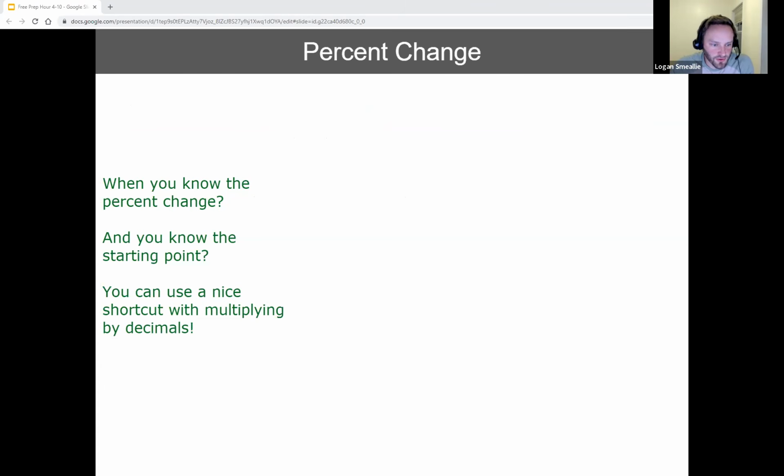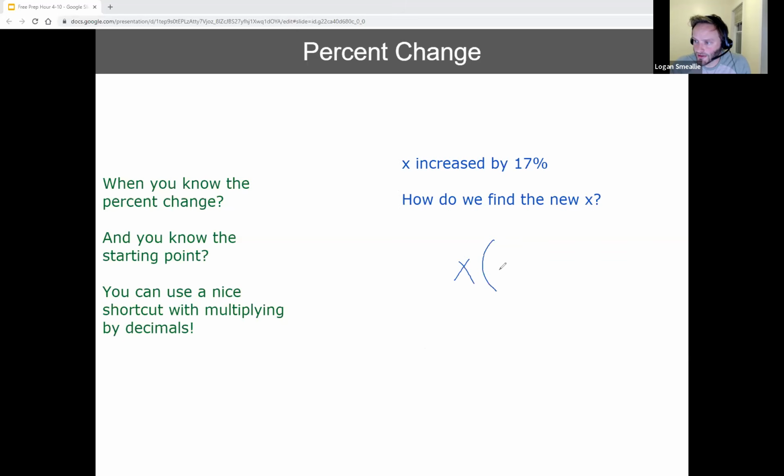If I give you a phrase like X increased by 17%, how do we find the new X? The fastest way to do that, take X, multiply it by 1.17.